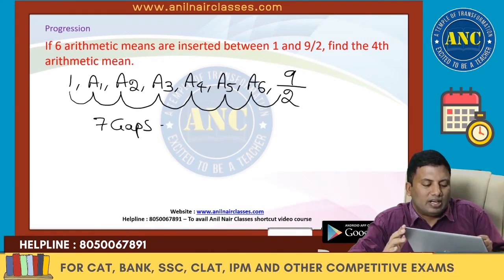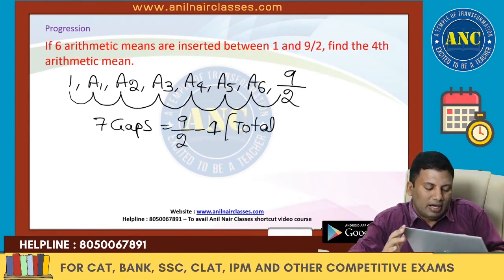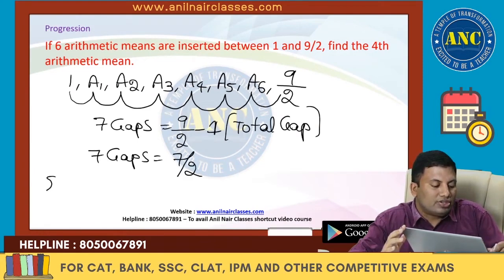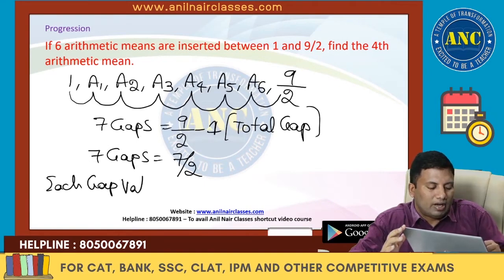The total gap value is 9 by 2 minus 1, so 7 gaps is nothing but 7 by 2. Each gap value is nothing but 1 by 2.